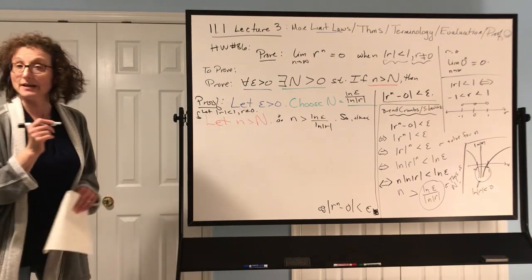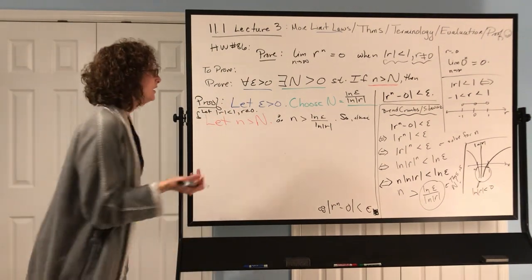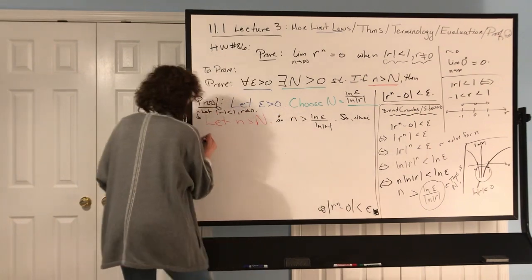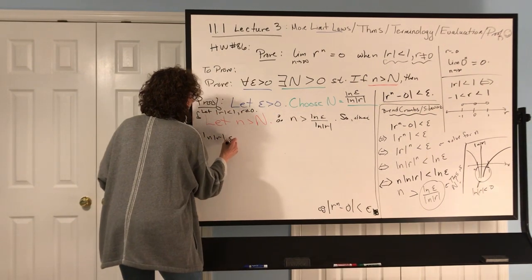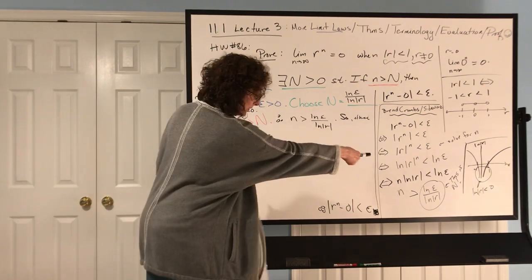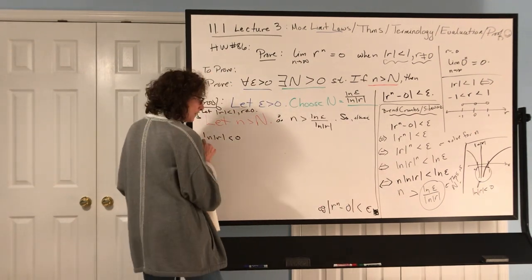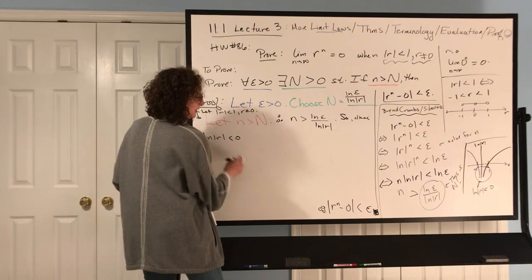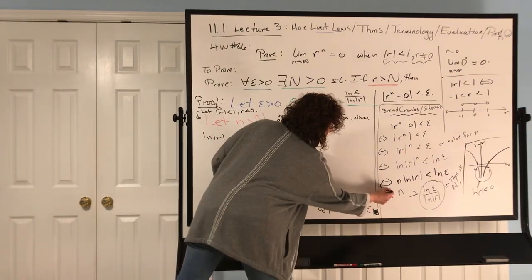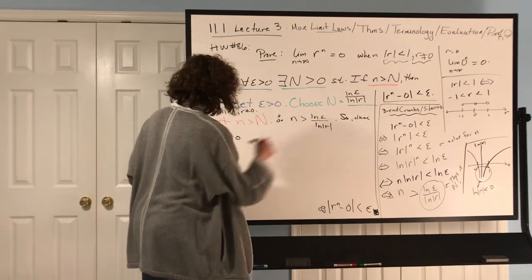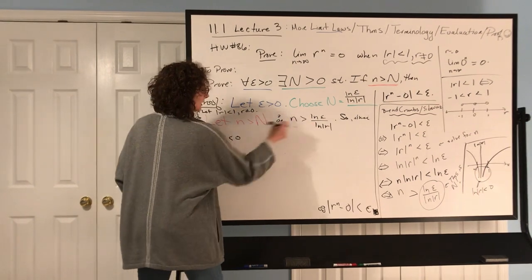Yeah, because that's another condition that we have. So, since the natural log of the absolute value of r is negative, that's what we needed. That's what gets us from this step to this step. We needed that negative to be able to change that sign, right?